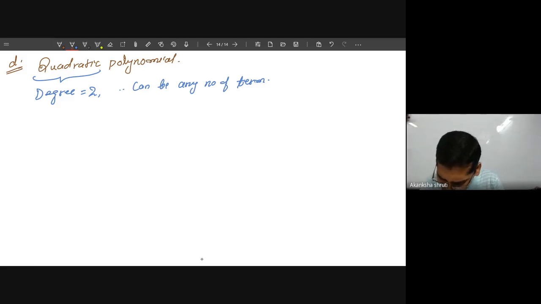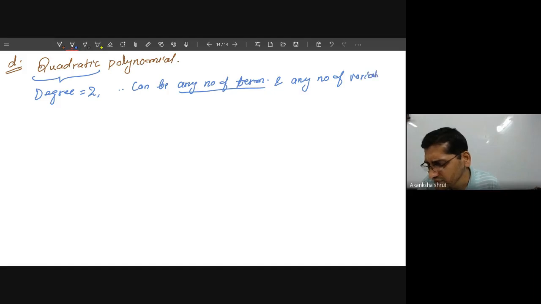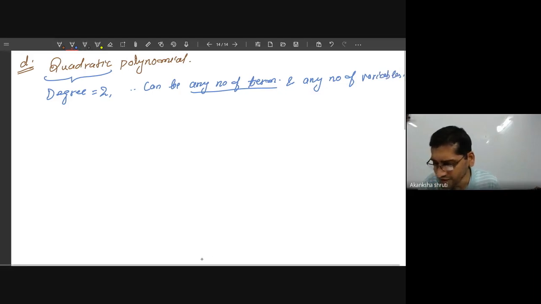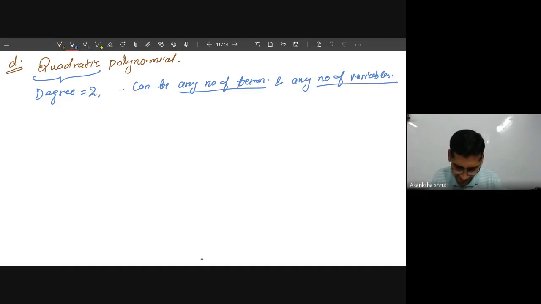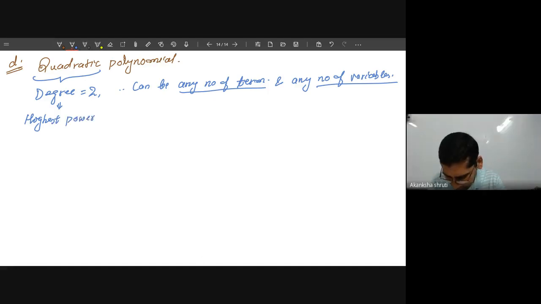So there can be any number of terms and any number of variables also. The only important thing is that the highest power of the variable shall be 2, or it shall not be greater than 2, though it can be lesser than 2.